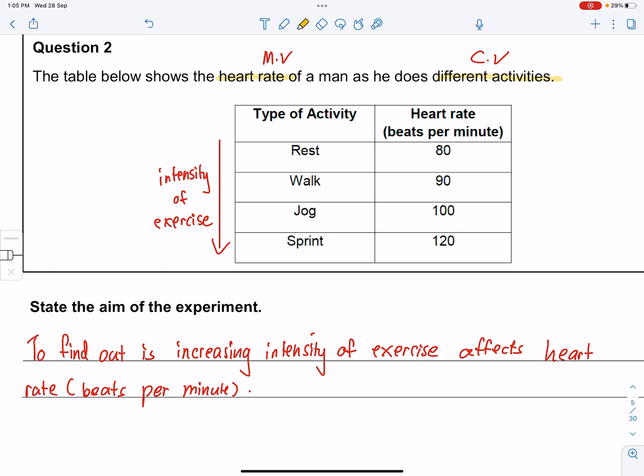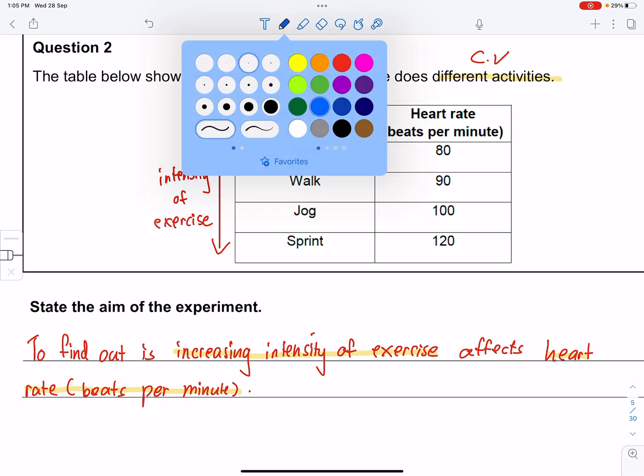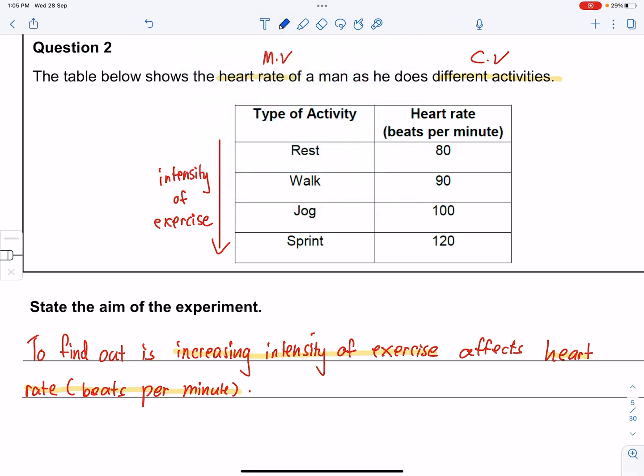As much as possible, please use back whatever terms the question has given to you. This is to avoid any careless mistake. Alright? Because sometimes a change in word can mean very different things. Okay, so this is your change variable, this is your measured variable.